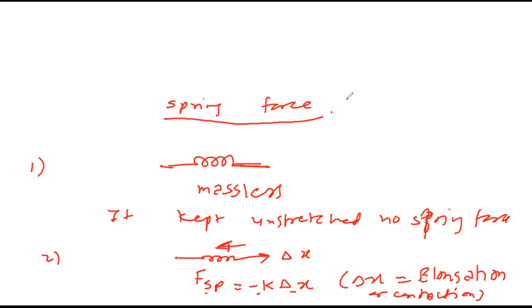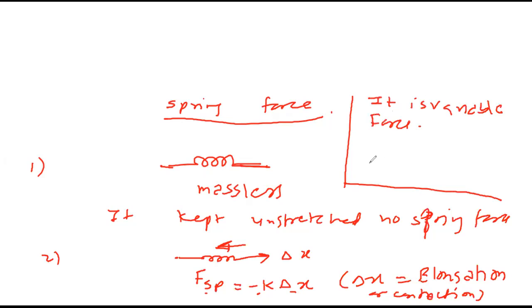Is the spring force constant or variable? Variable, right? It will depend on delta x. So it is a variable force because it depends upon delta x, and it is opposite to the elongation or compression delta x.